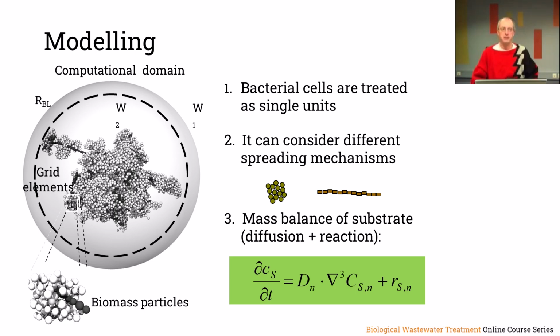A floc-forming bacterium, if it divides, one cell will be positioned somewhere around its mother cell. You will get a globular growth. If you have a filamentous bacterium and it grows, the next bacterium will be put in the same line, which means that it grows in only one dimension. If it has the same growth rate, the speed at which it widens is much faster than when it grows as a globule.